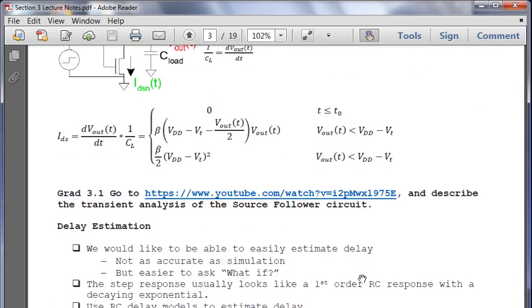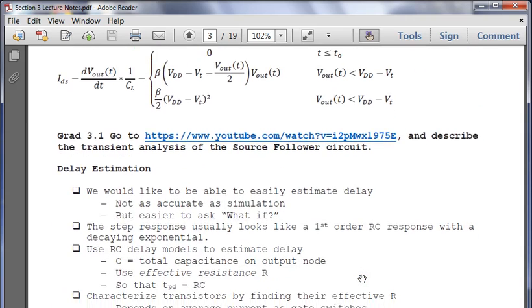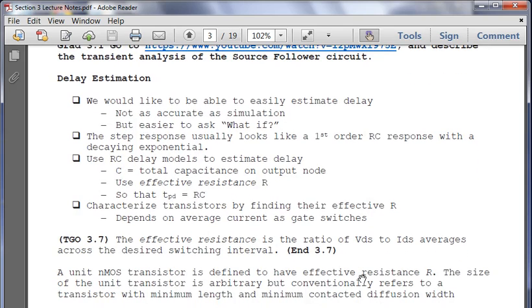The whole idea of this is we need to start being able to estimate delay, so we want to make it easy. It's not as accurate as simulation, but having a simulation requires writing code, and writing code can take a lot of time.